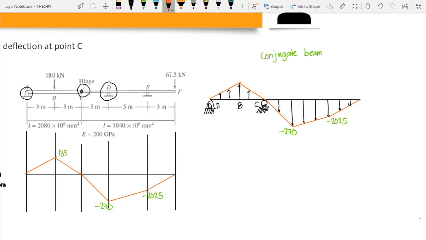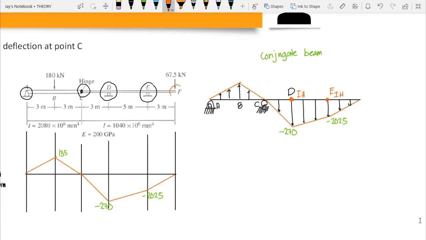So therefore, we have an internal hinge here at point D. Now, point E is an interior roller. That means we have to change that into an internal hinge, and thus we have an internal hinge at point E. So again, this is an internal hinge, and this is an internal hinge as well.